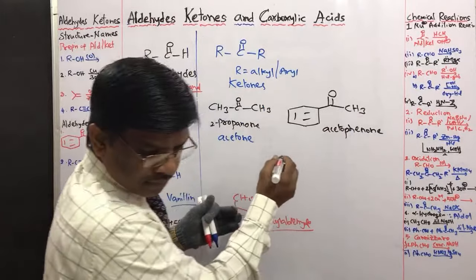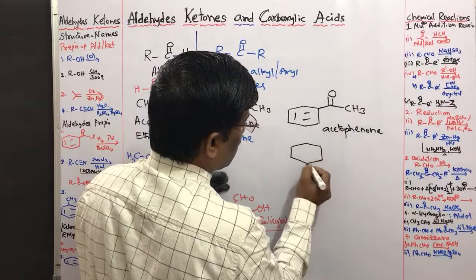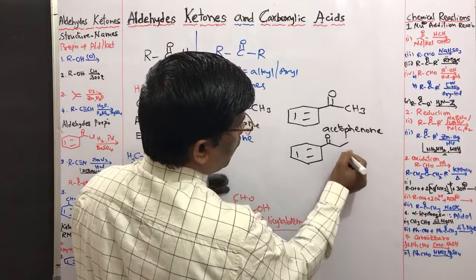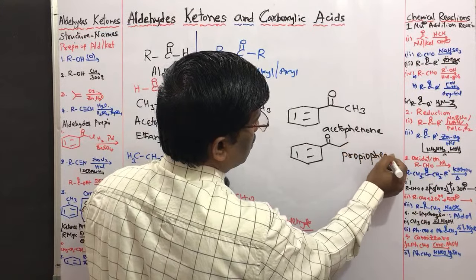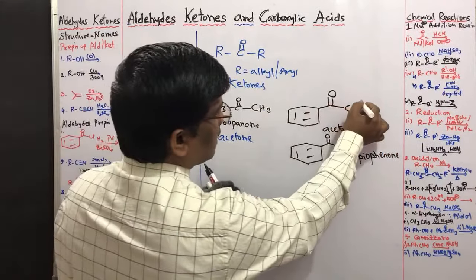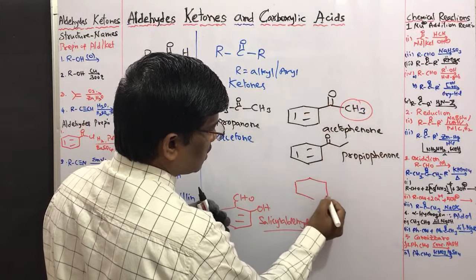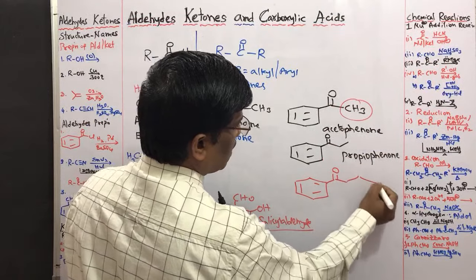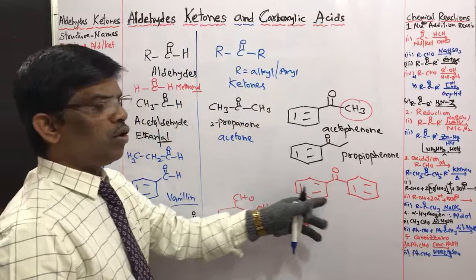Acetophenone, propiophenone, and if two sides, this methyl is also substituted with a benzene ring, then it is known as benzophenone.